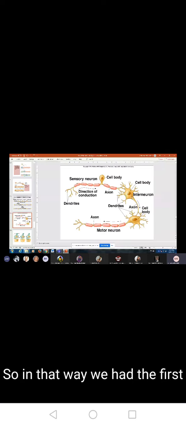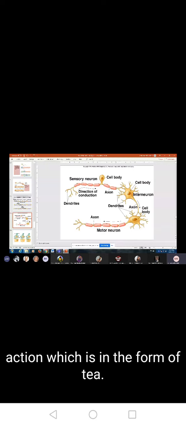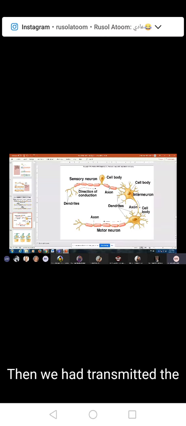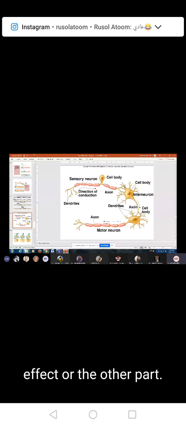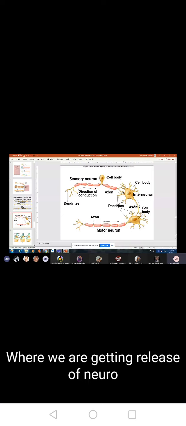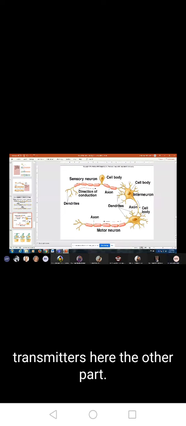Okay? So in that way, the first sensory neuron works. We generate action potentials at the terminals of one part of the axon, which is in the form of T. Then we transmit the effect toward the other part of the terminals, where we get release of neurotransmitters in the other part.